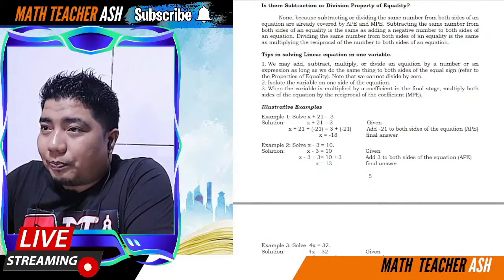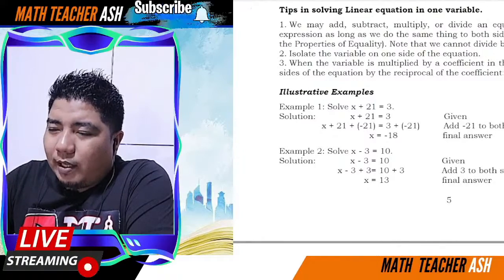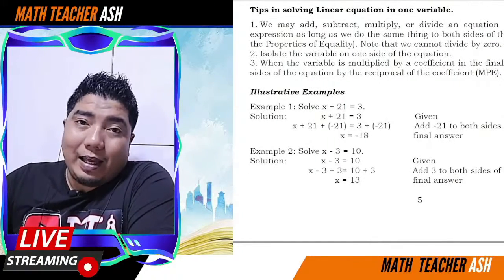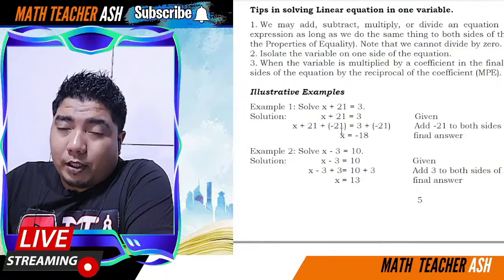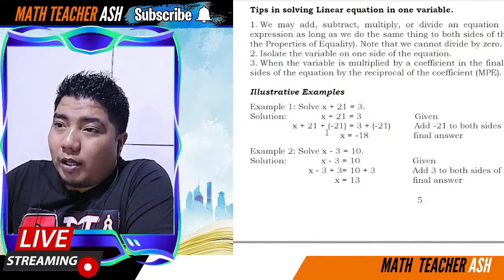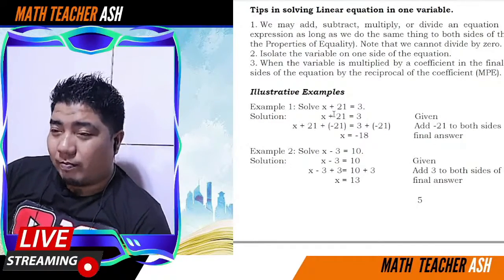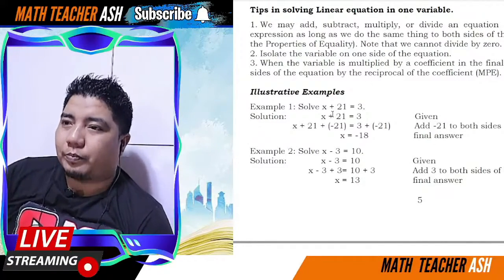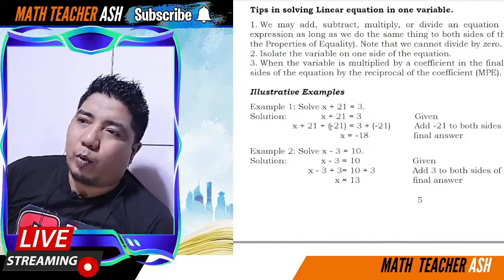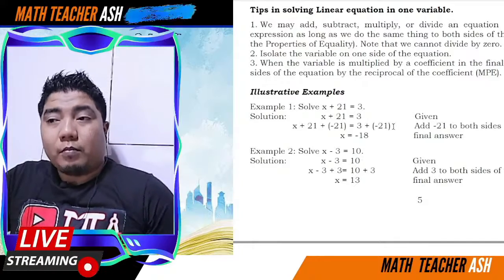Right? Okay? So, what they did here in this module is they apply the addition property. So, nag-add siya ng opposite ng 21. So, para mawala si positive 21, kailangan ng negative 21. So, if you add negative 21 to the left, you also add negative 21 to the right.